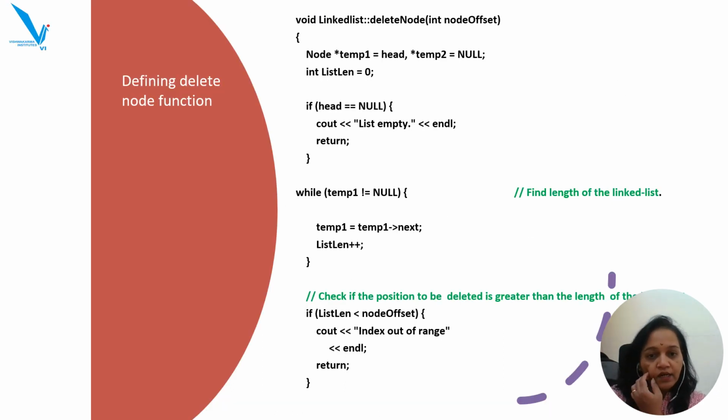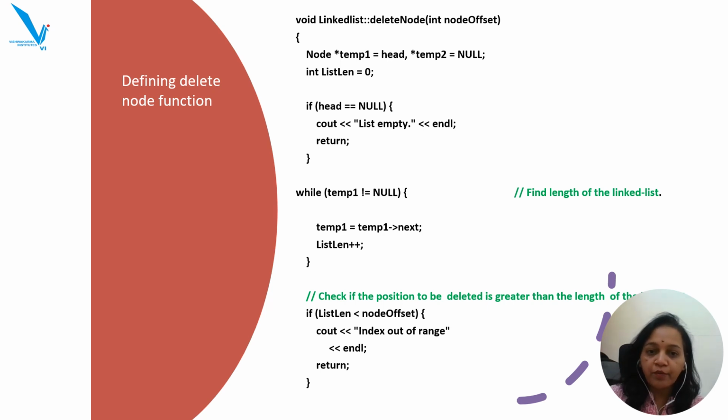So let us see C++ code to define the delete node function. In continuation with our previous code, we have a linked list class and the delete node function is defined. We have to enter a parameter like position, at what position you want to delete a node. So that is node offset. It represents the position, and we have to take temporary pointers.